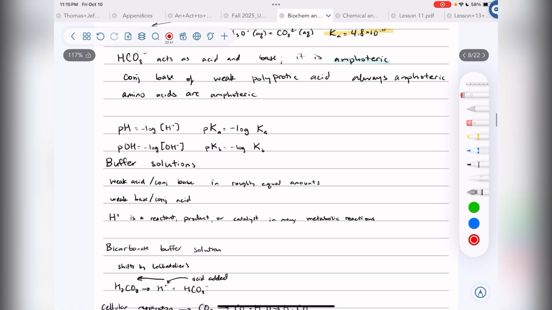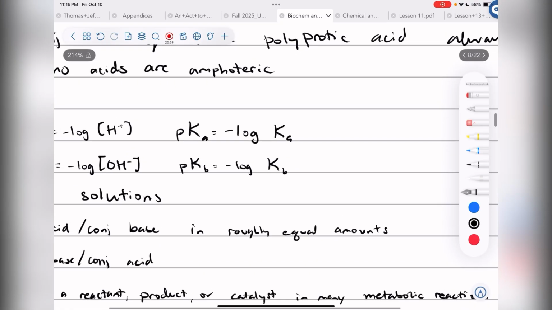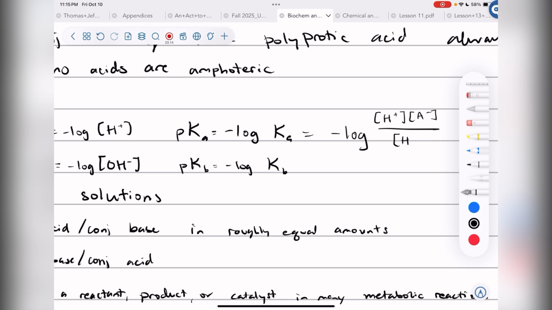Okay. So your pH is your negative log of your H plus, and then your pKa is your negative log of the Ka. But if you remember what Ka is, your Ka was H plus, basically, A minus over HA.